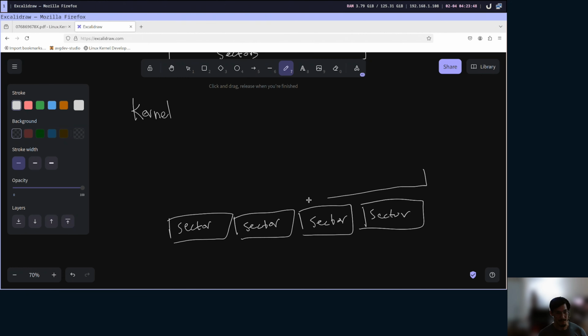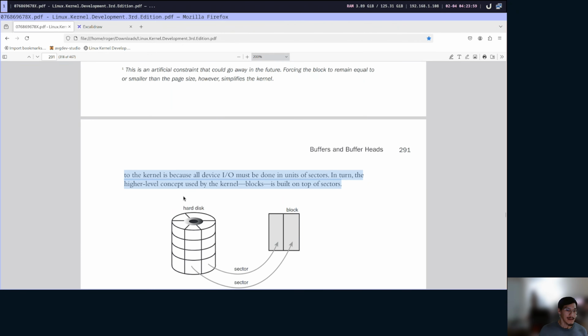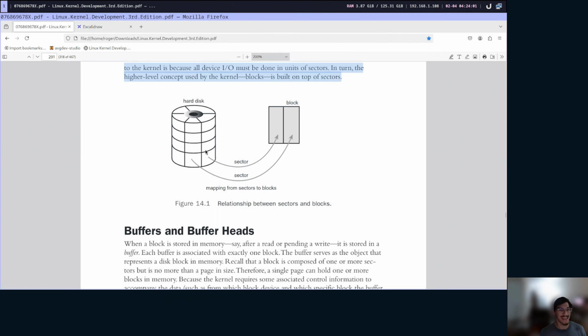Then we'll have blocks on top. So this is the abstraction. We overlay block on top of sector. So that's how I'm seeing it. Okay, all right, it's the same diagram. It's just I think my two-dimensional one might be easier to understand. So yeah, mapping of sectors to blocks with the hard disk.